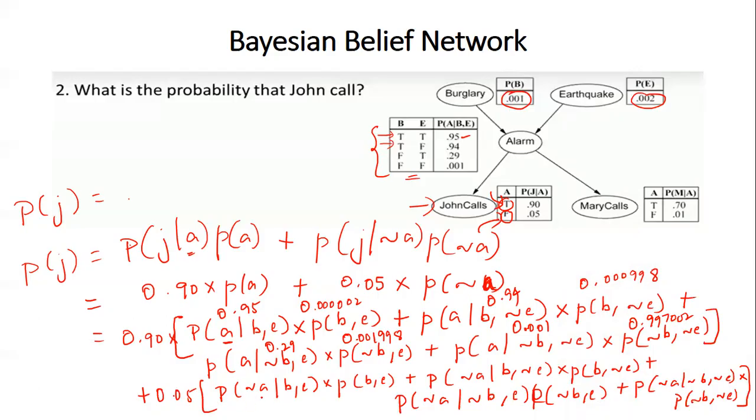What's the probability of not having an alarm given there is a burglary and earthquake? This is 1 minus 0.95, which is 0.05.